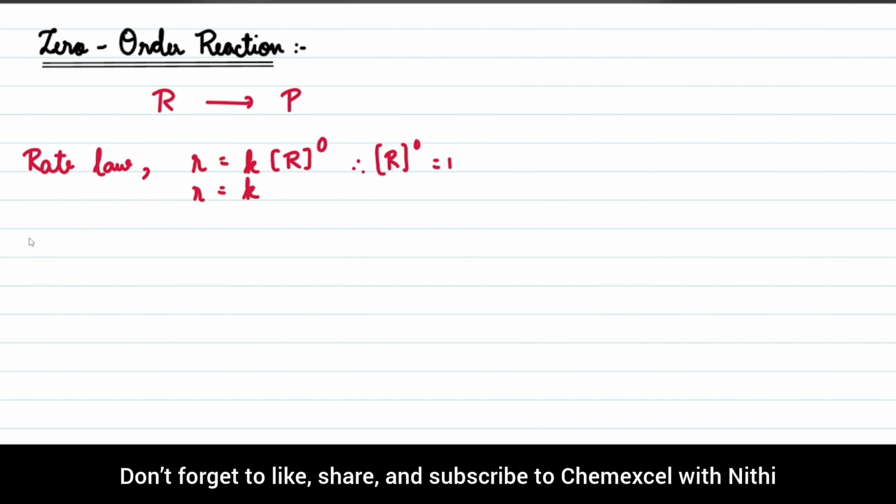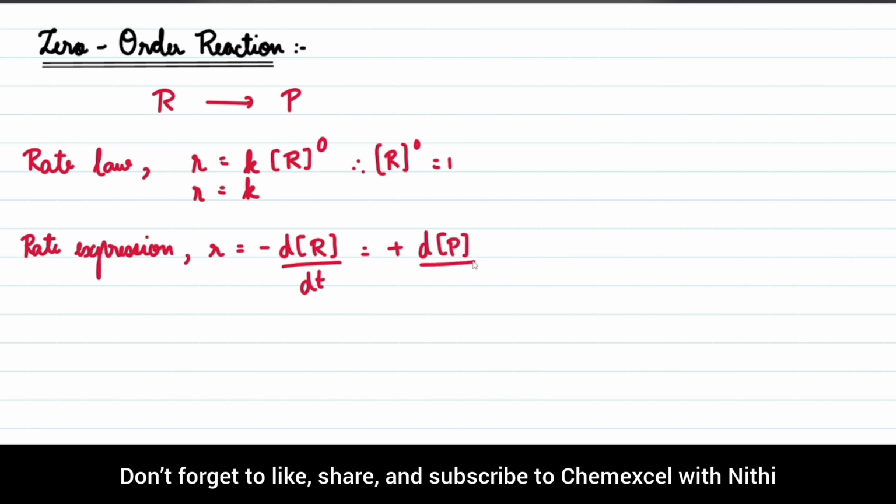Okay. Now let's write the rate expression for this reaction. So for this, the rate will be equal to negative dR by dt, because the concentration of the reactant will be decreasing by dt, and it will be equal to positive dP by dt for the product, because the concentration of the product will be increasing by dt.